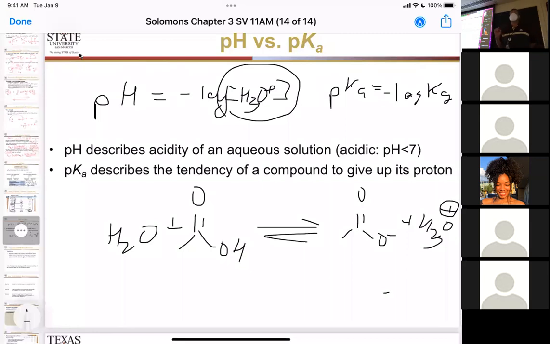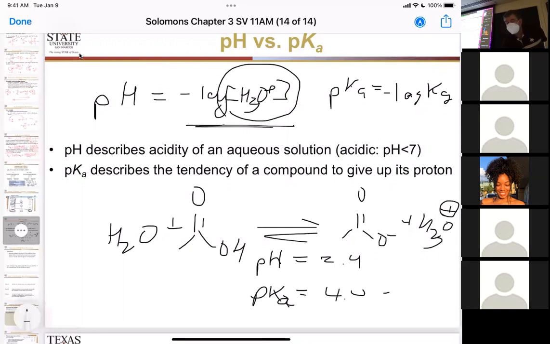And therefore, we can calculate the pH of this solution. We have the negative log of the hydronium ion, so the pH is equal to 2.4, because that's the log of the concentration of hydronium ion. But the pKa, like I showed you on the last table, is actually 4.8.